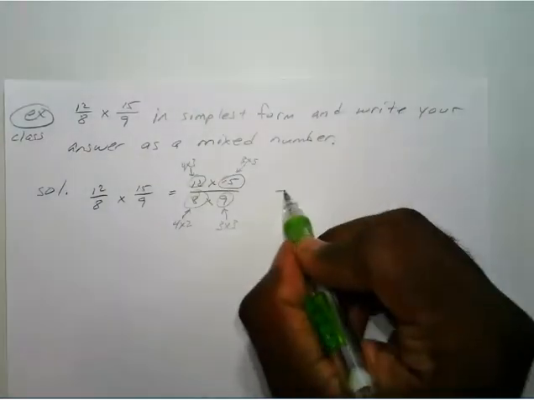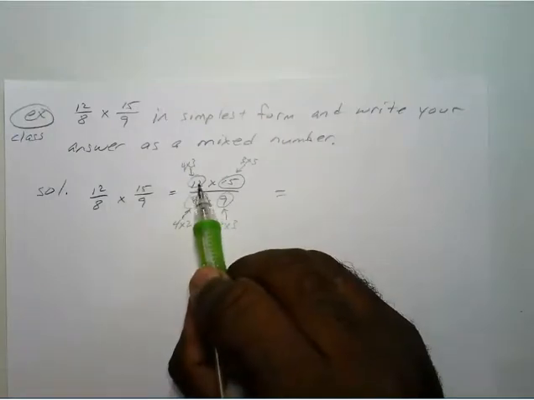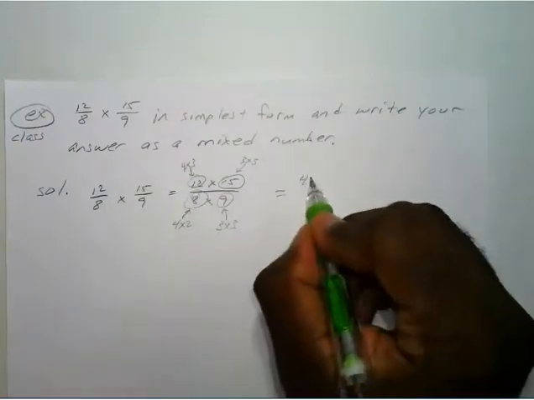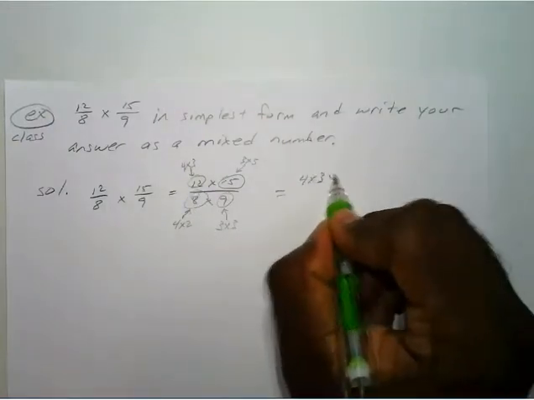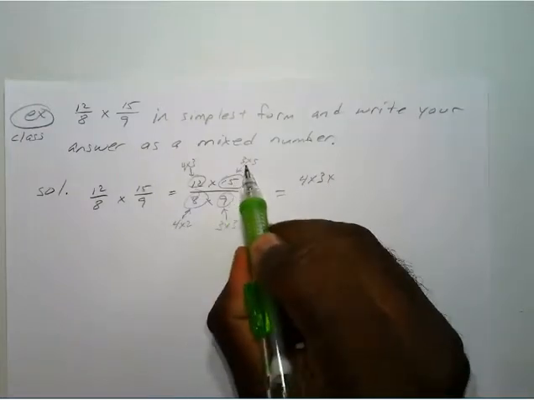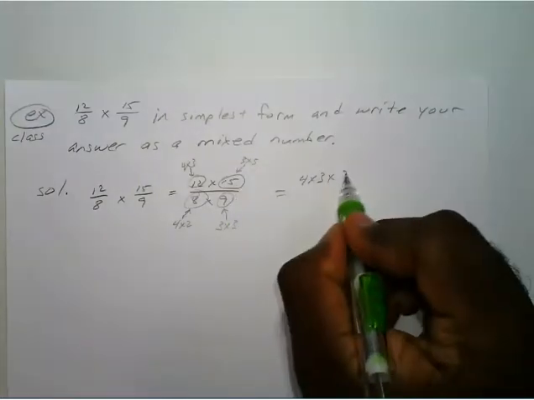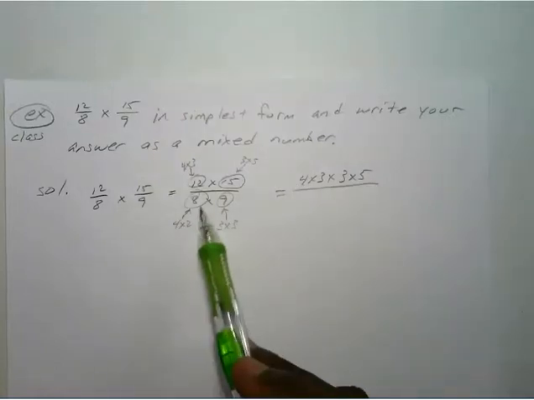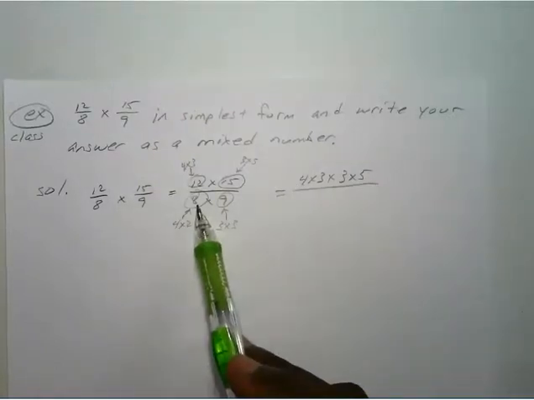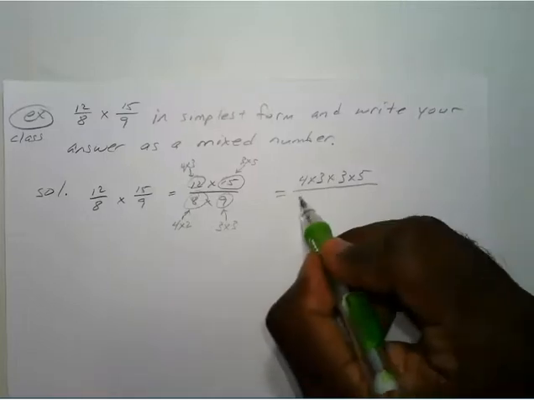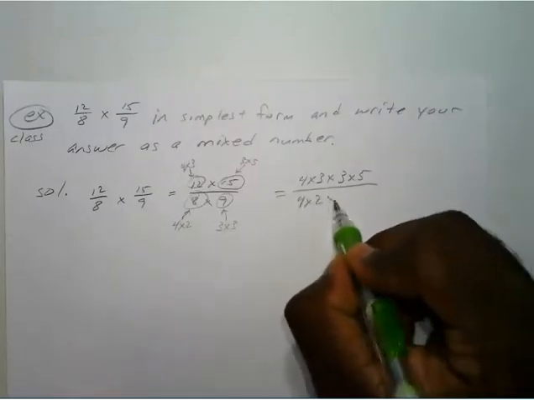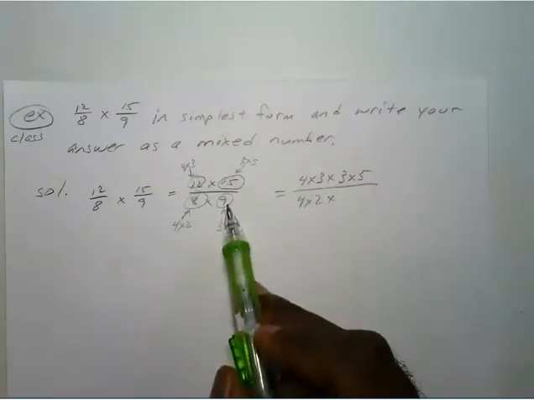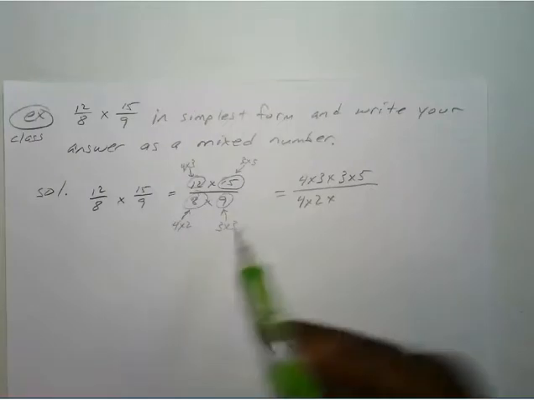All right, so instead of 12, we're going to put 4 times 3 times 15. Instead of 15, we're going to put 3 times 5. Over 8. Instead of 8, we're going to put 4 times 2 times, and instead of times 9, it's going to be times 3 times 3.